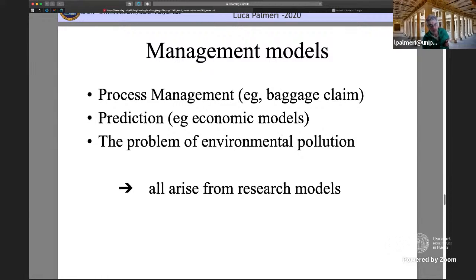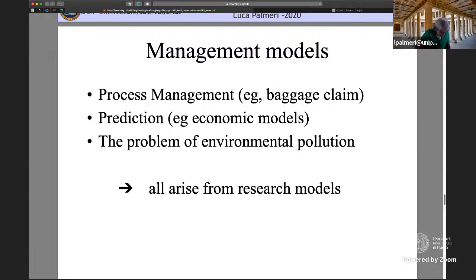Typically you do that by employing a management model that receives the input of these baggage clusters and then decides where to deliver them to the baggage claim station.